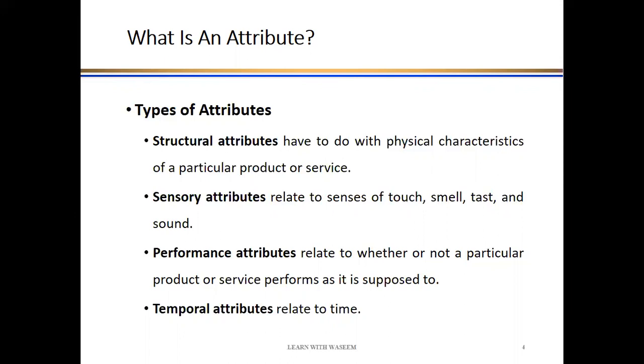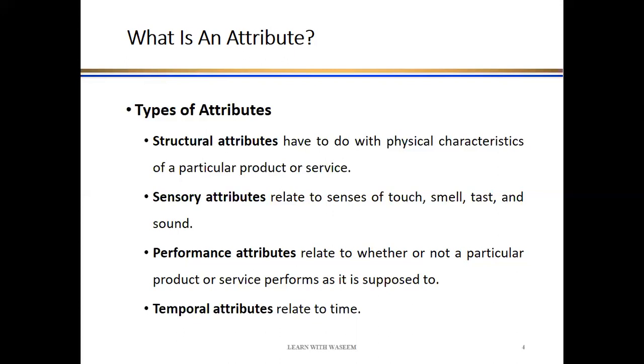It relates to the sense of touch, smell, taste, vision, and sound. For products, these attributes relate to form design or packaging design to create products that are pleasing to customers. But in services, such as restaurants and hotels, atmosphere is very important to the customer experience.